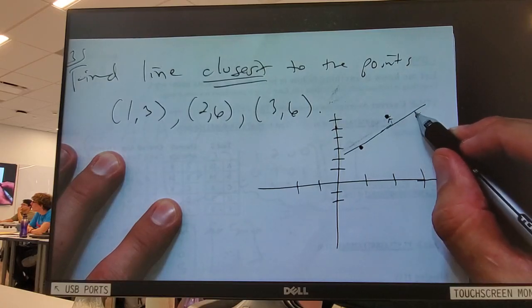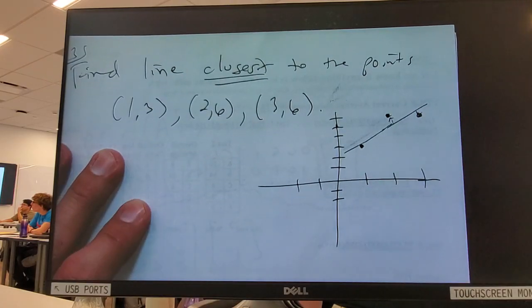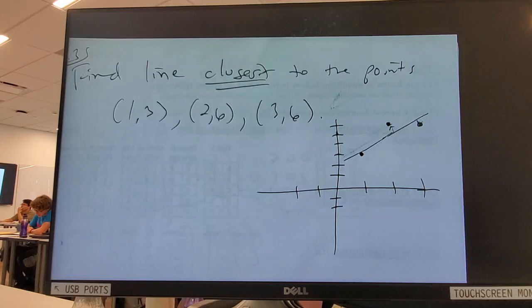That kind of makes that a little big, but then these are pretty tiny, and I have two on one side, but the other one is kind of balancing those two. There's two on one side, but the one on the other side is relatively further away, so everything kind of balances. Now, if I really wanted you to, you could find a slope and the y-intercept of that line, or whatever line you drew.